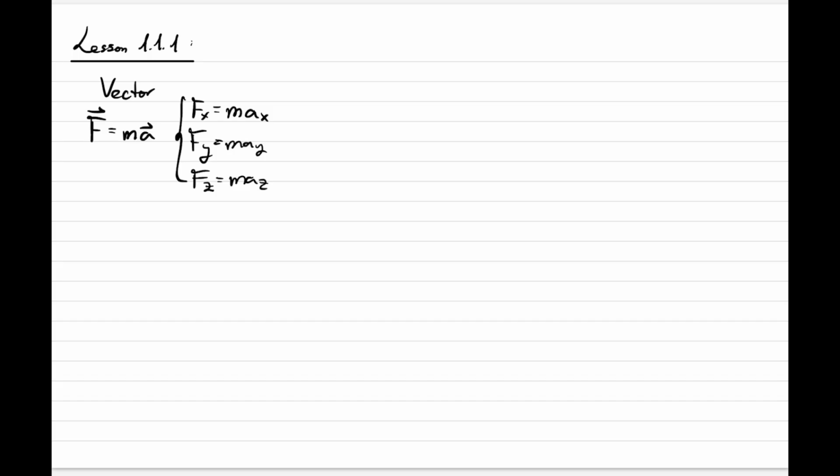And now we are going to jump to what this equation will be in index notation. In index notation, we may write this equation as F sub i equals the mass times a sub i, where i is our index, which runs from 1 to 3. We can make the identification of 1 with the x component, 2 with the y component, and 3 with the z component.